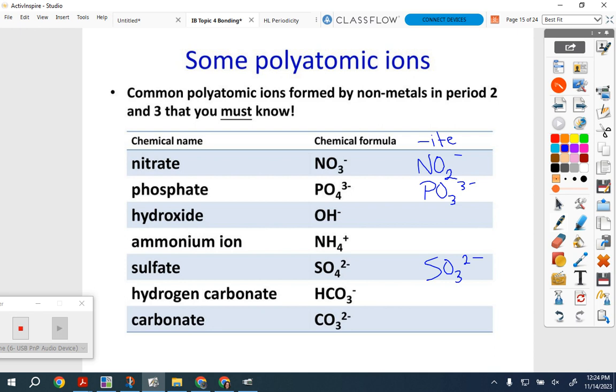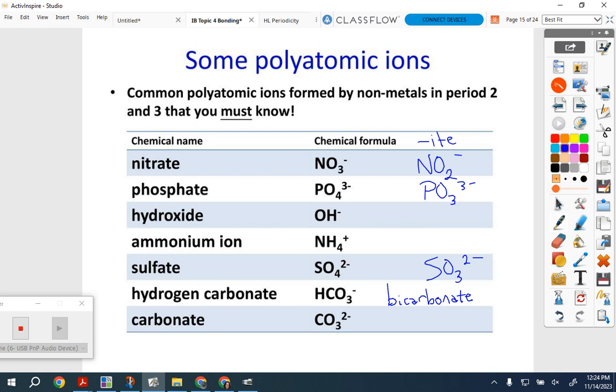Carbonate, CO3. And then hydrogen carbonate is also called bicarbonate. You don't need to know that, but it's a slightly older naming convention. And we don't use it much, except it still comes across sometimes for bicarbonate.